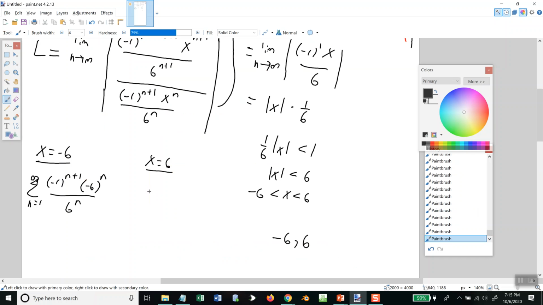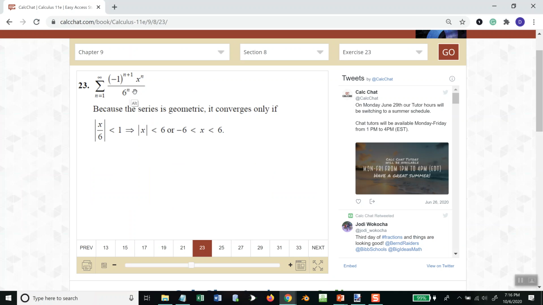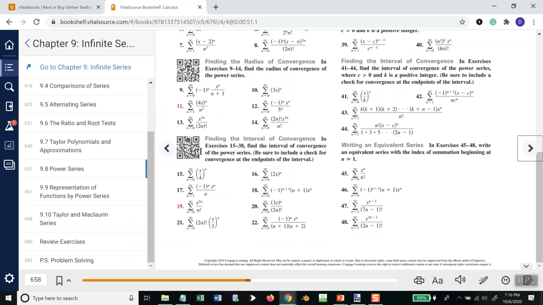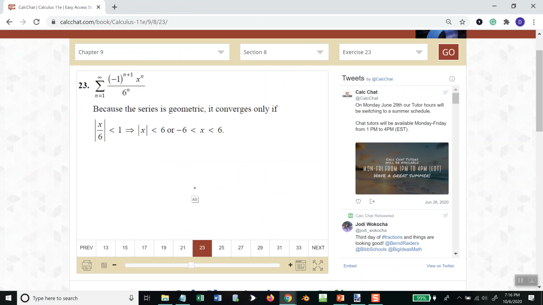Why do you have -6? That's our endpoint, x equals -6. Assuming this is our original function, I should look back through. Is it? Okay.